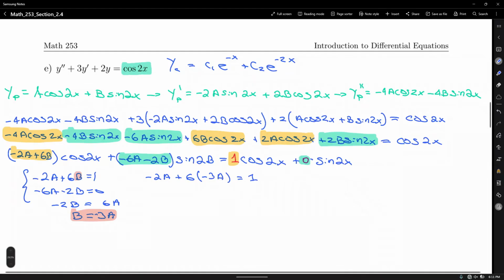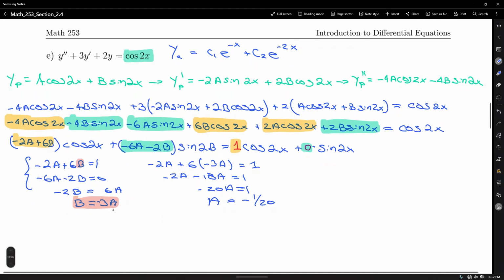Now we have an equation for a: negative 2a minus 18a equals 1, negative 20a equals 1, so a equals negative 1 over 20. All right?